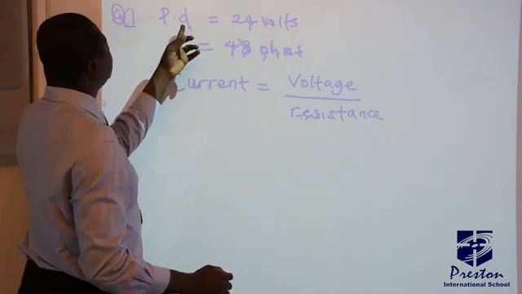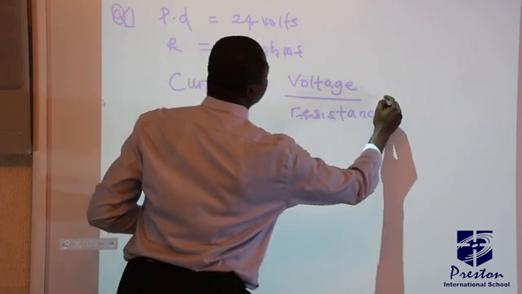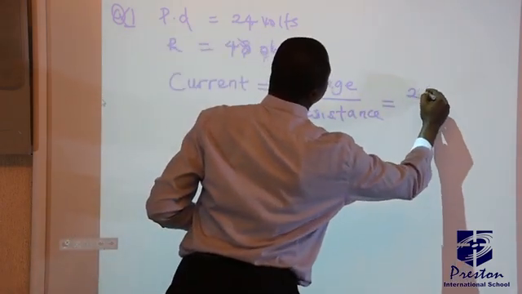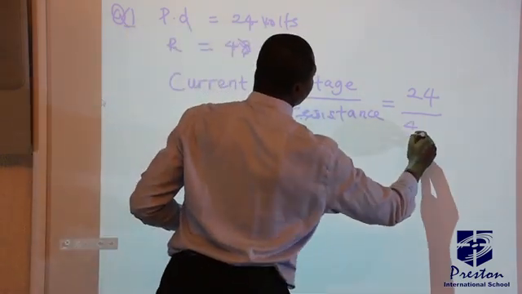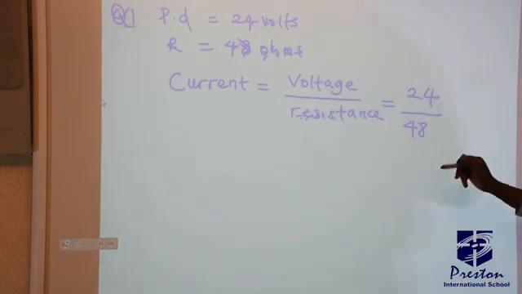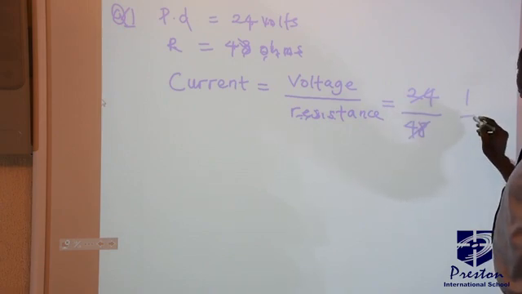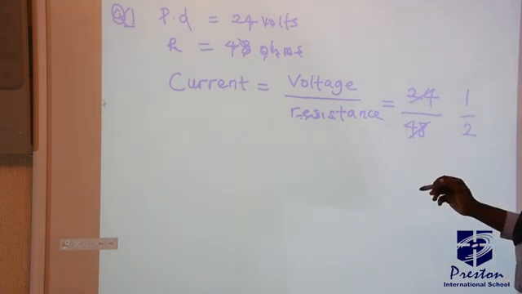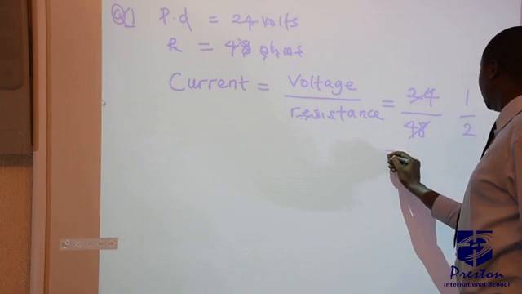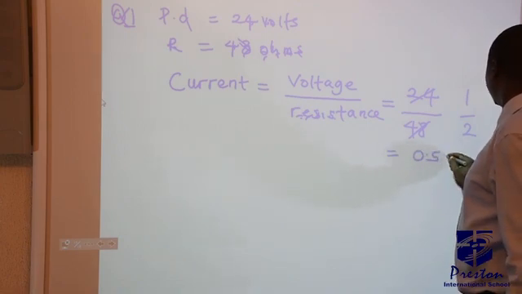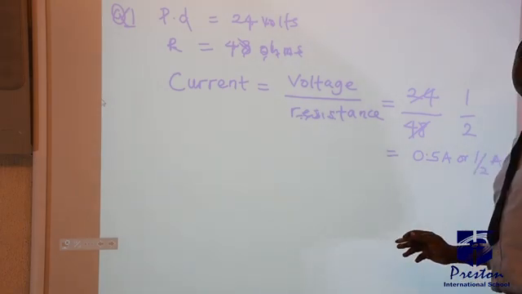The PD, potential difference, which is also referred to as voltage, is 24, over the resistance, which is 48. Dividing 24 and 48, we have 1 over 2. So you can write your answer as 0.5 amp, or we leave it as 1 over 2 amp. Simple.